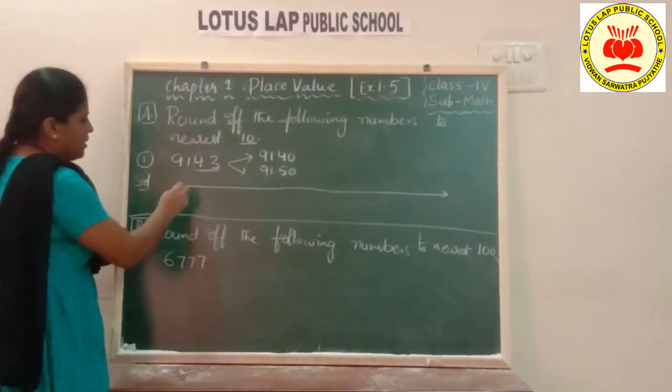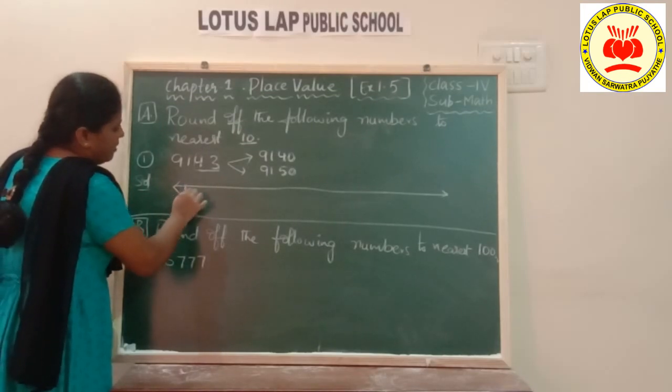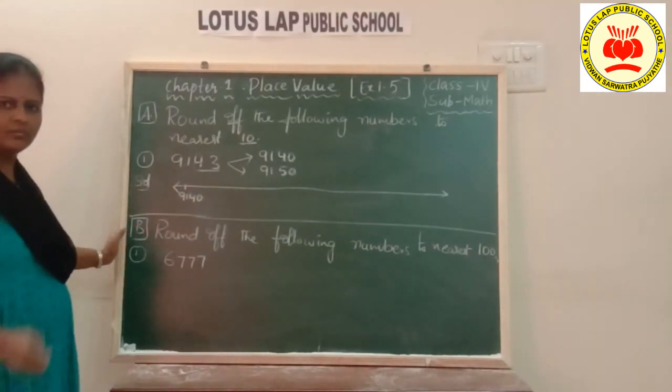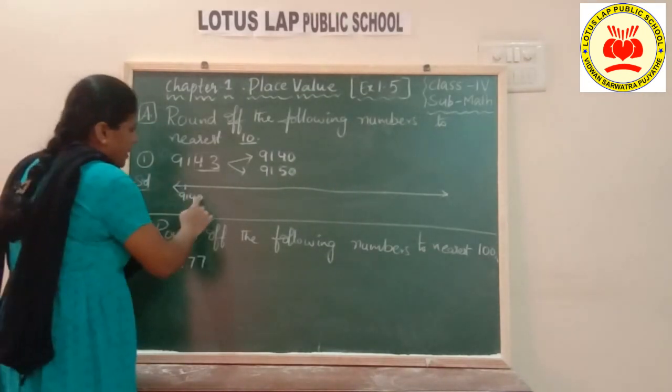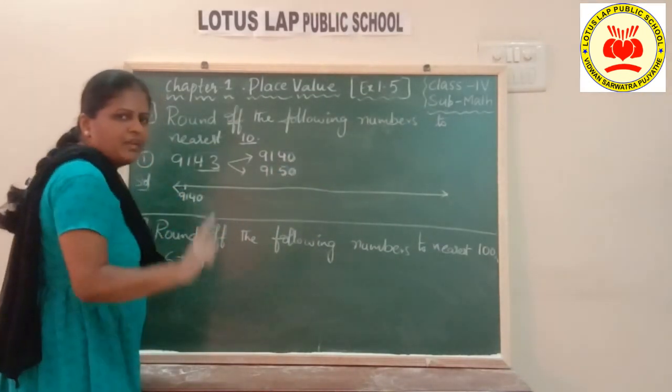So starting with 9140, children, and increase every time by 1.